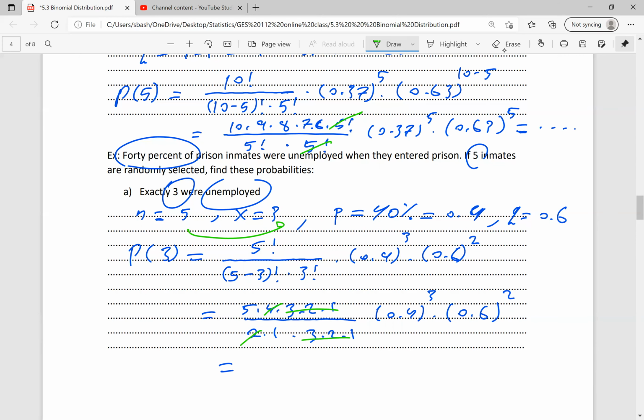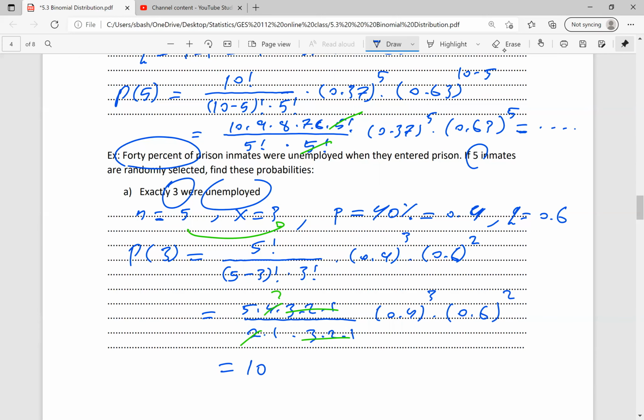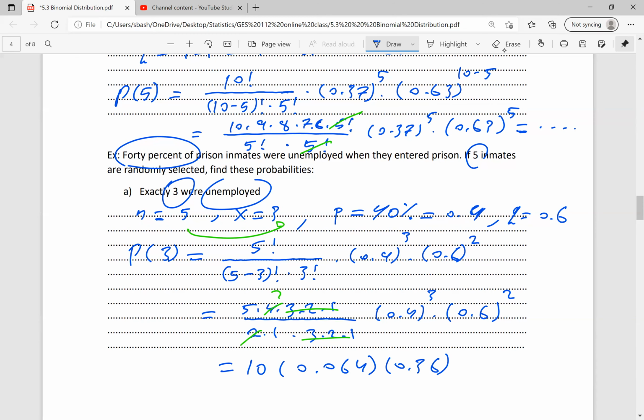After this, 4 with 2 is 2, so I will have 10 multiplied by 0.4 to the power 3, which is 0.064, and 0.6 to the power 2 is 0.36. So we can calculate this one: 10 multiplied by 0.064 multiplied by 0.36 is 0.2304.